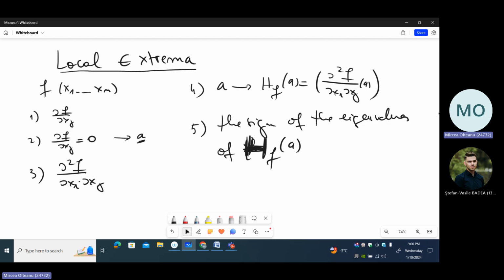If there are both positive and negative eigenvalues, A is not an extremum. In other cases, we decide directly by studying the sign of the subtraction f of x minus f of a around a. What sign is it? We shall see. Okay, so this is very shortly the algorithm.